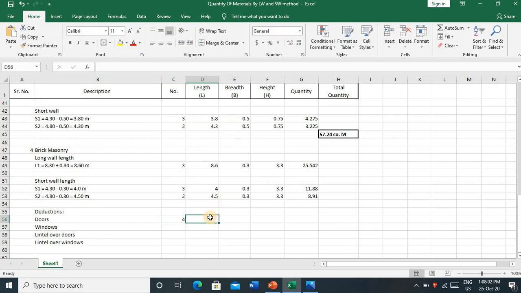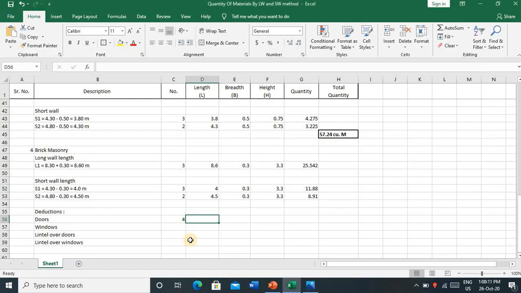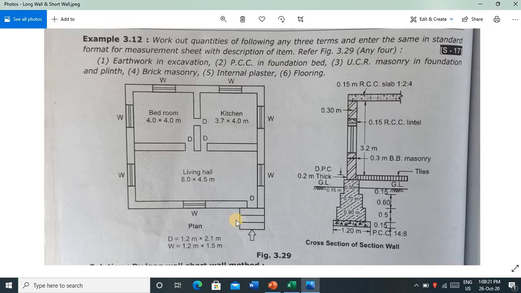Now length of door, see the dimension of door is given as 1.2, length is 1.2, breadth is, what will be the breadth of door, the breadth of door will be 0.30 because the door is fitted in this much of width in brickwork.